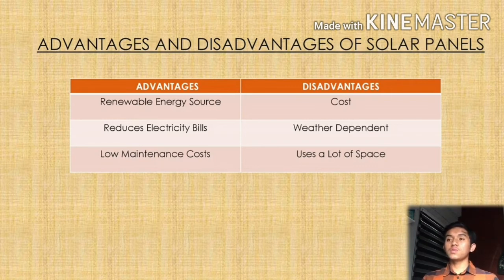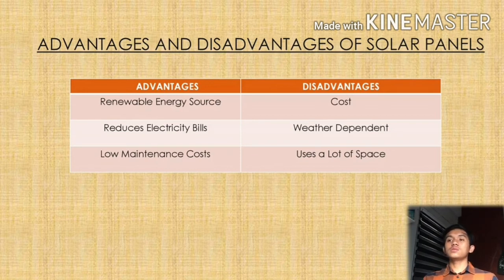Okay, and the next one is weather dependent. Solar panels only use the sun's light to generate the power, so if there's no sun, they can't generate the energy power.